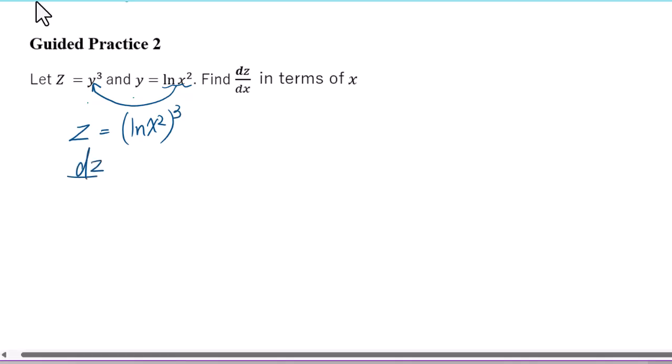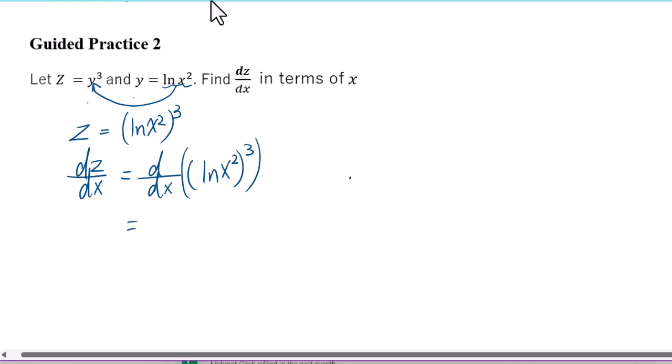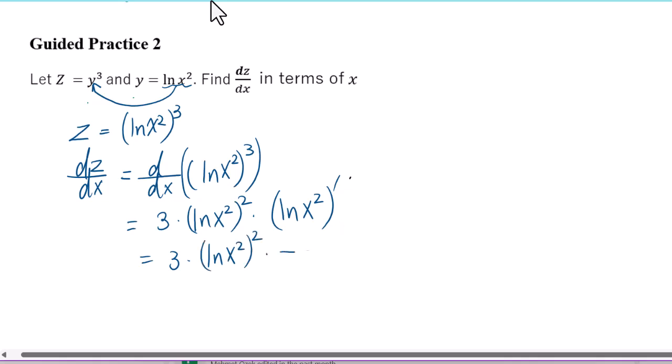Then dz dx equals d dx of natural log of x squared to the third power equals, use power rule first, 3 times natural log of x squared times natural log of x squared prime equals 3 times natural log of x squared times 1 over x squared times x squared prime.